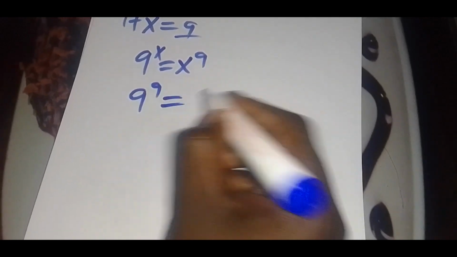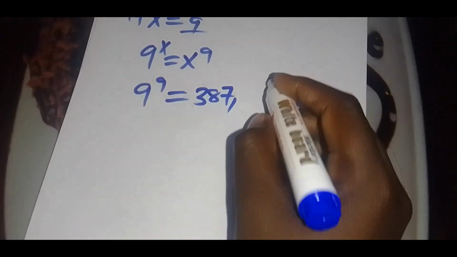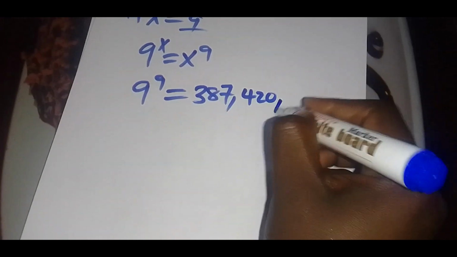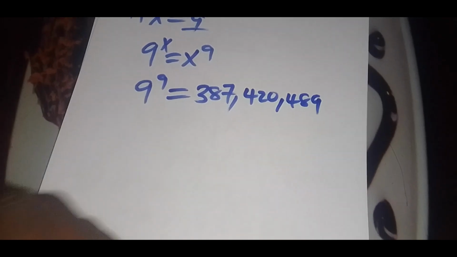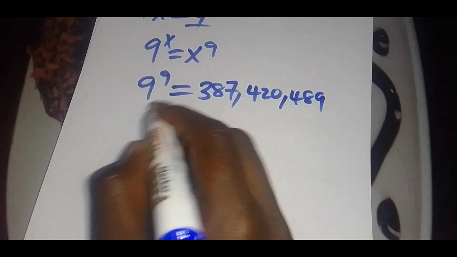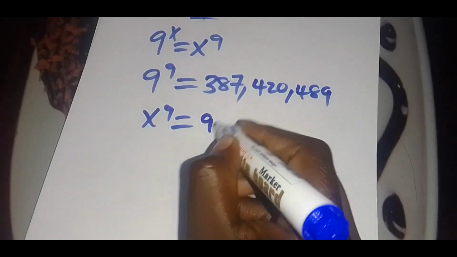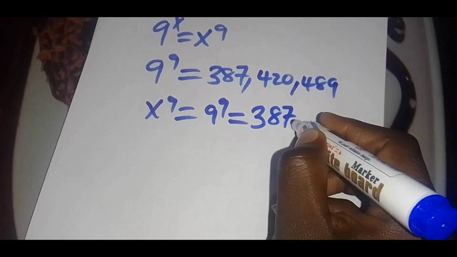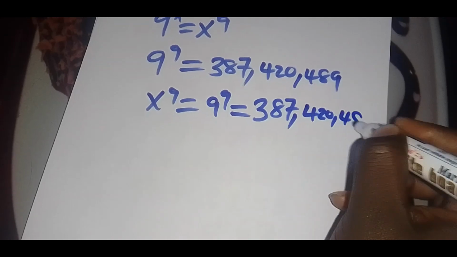This is equal to 387,420,489. That is 9 raised to power 9. Now we also have x raised to power 9, which is equal to 9 raised to power 9, which is equal to 387,420,489.